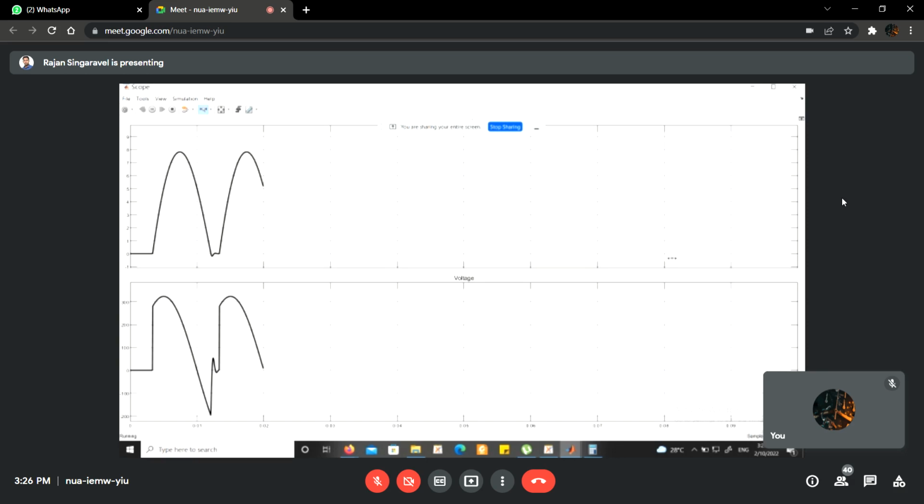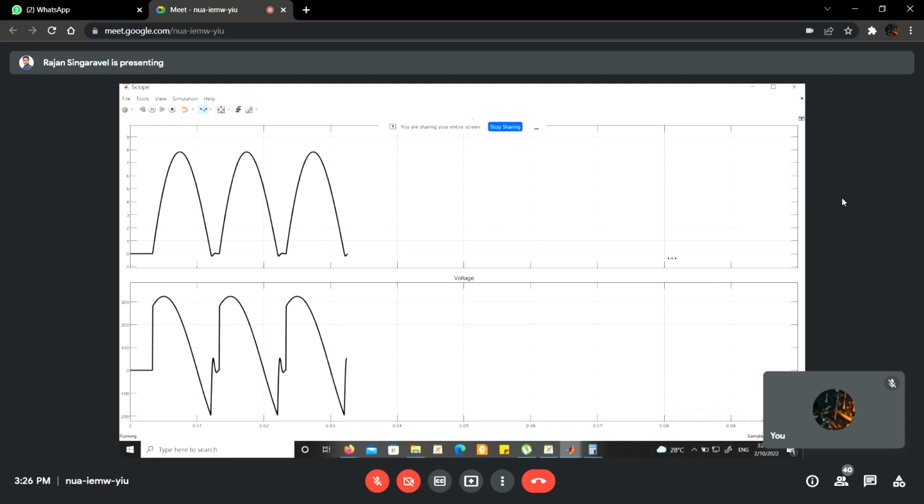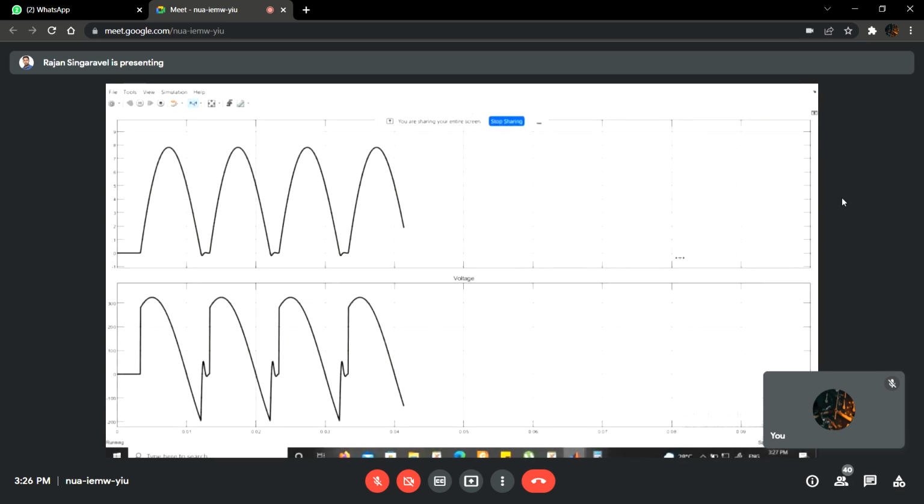So between 38 degrees and 60 degrees, the current is negative, and once again it is rising. And you can see that the negative voltage is still appearing, but the current is discontinuous. That is very clear. I think the waveform is visible to you, and you can easily understand that when alpha is greater than the load angle, the current becomes discontinuous.